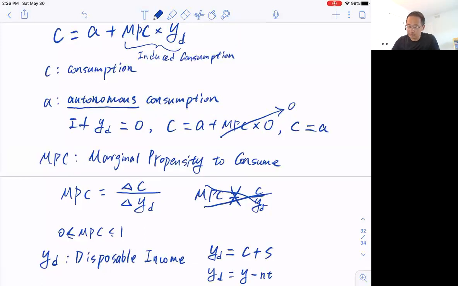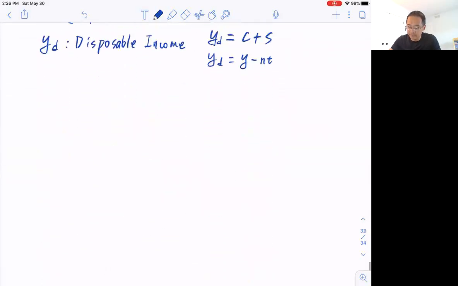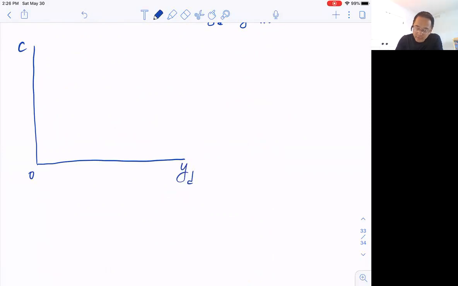So that's the consumption equation and what it means. I hope that makes sense. Now, let's look at the graph of how this works. The consumption function graphically: you have consumption here, disposable income here, and it's going to be an upward sloping line, something like this. This is your C equals A plus MPC times YD.